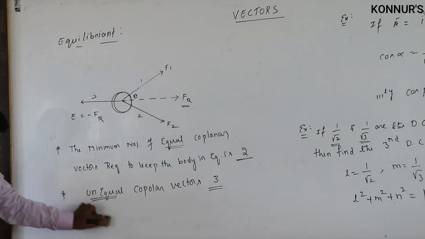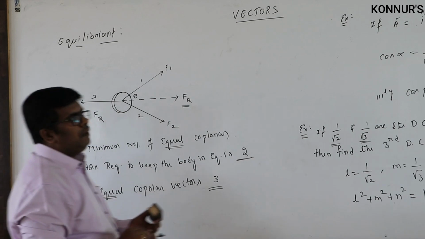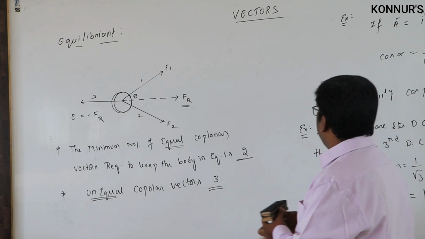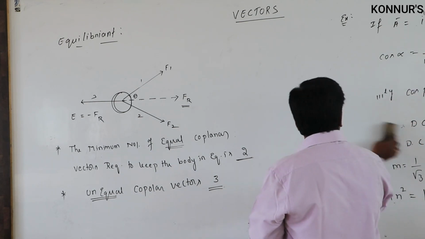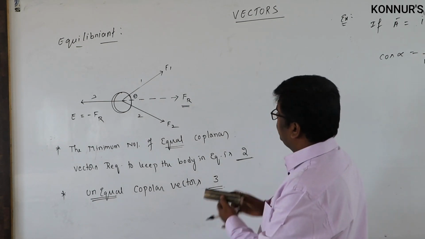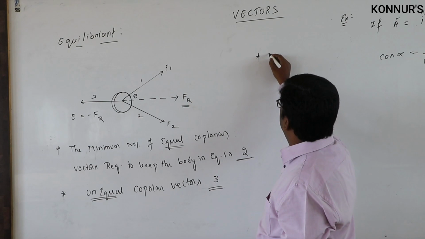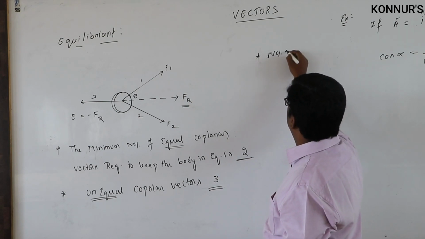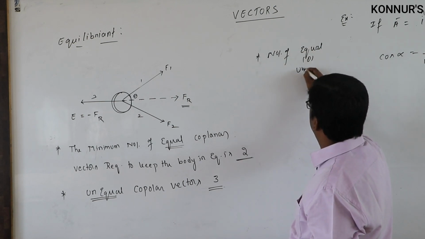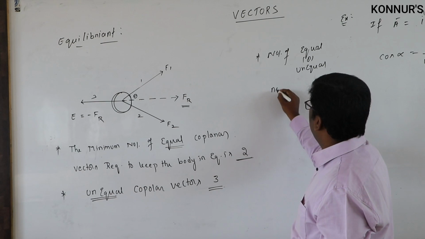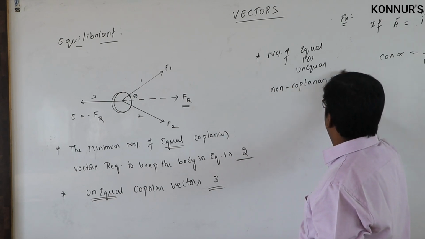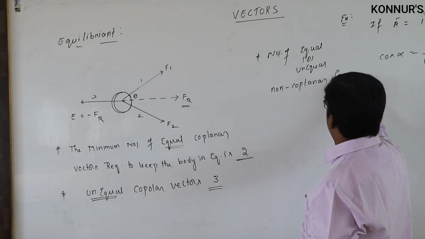Next, one more. If it is non-coplanar vectors, the meaning of non-coplanar vectors is that they do not lie on the same plane. So how many equal or unequal non-coplanar forces are required to keep the body in equilibrium?